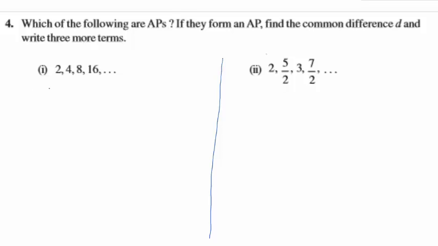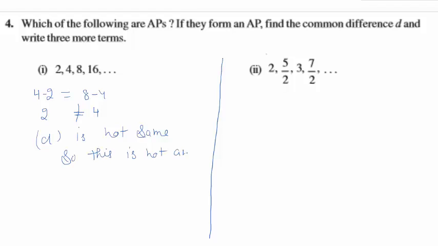So the common difference 4 minus 2 should equal 8 minus 4. This is 2, this is 4. So 2 is not equal to 4. So d, the common difference, is not the same. So this is not an AP.